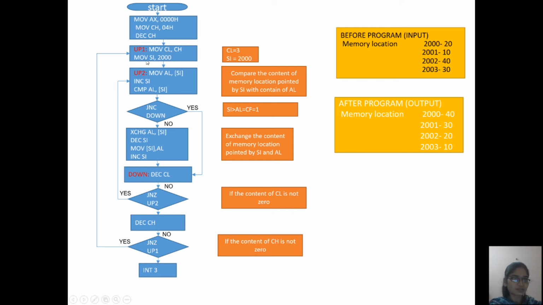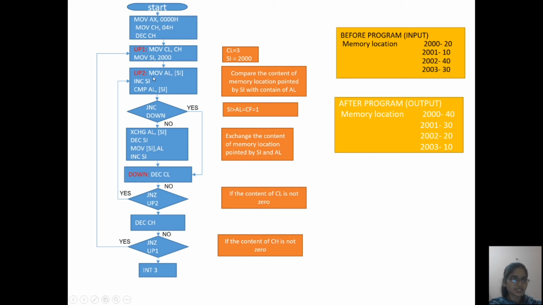Next instruction is move SI comma 2000. Because I am using the location 2000, I initialize my SI register with 2000. After this instruction, SI contains 2000.